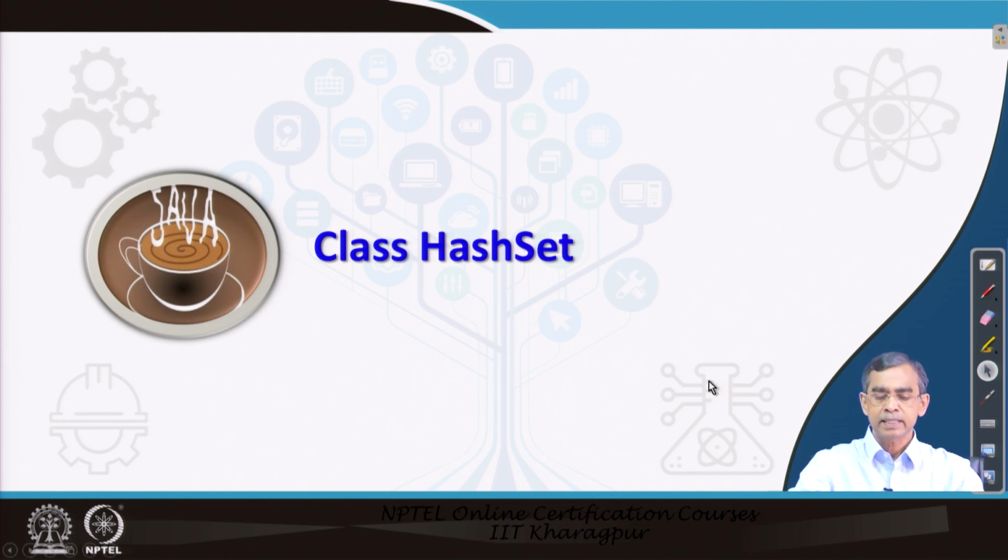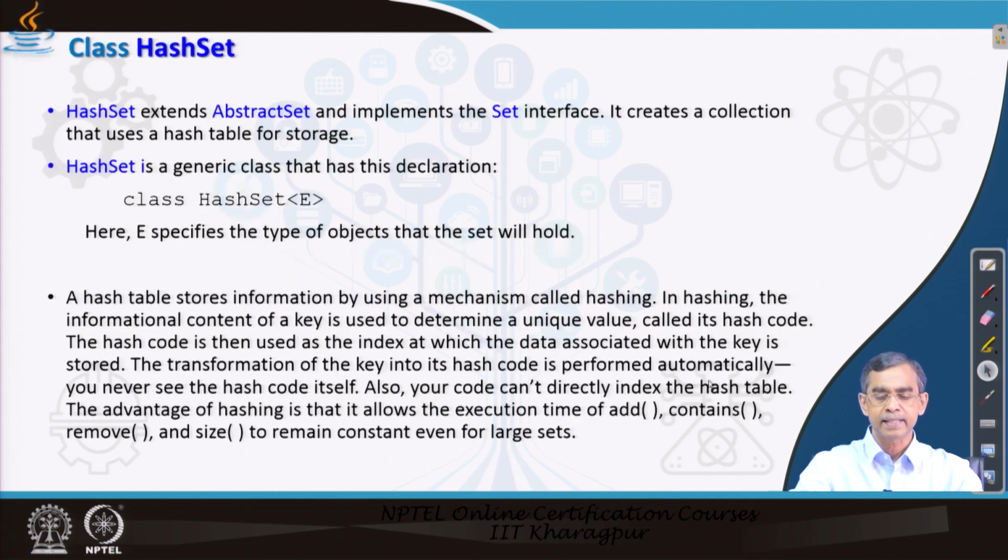Now, we discuss another very interesting collection, called the HashSet. Now, the concept of hash is a very important concept, and it is useful in many applications, particularly the hashing application. Hashing is the concept which has been introduced to retrieve an element from a collection in the fastest way, so for faster retrieval of an element.